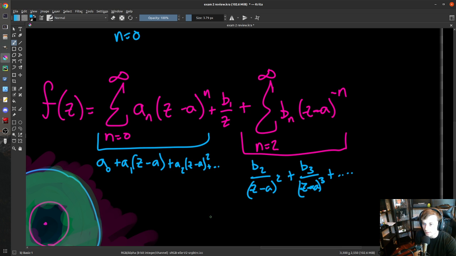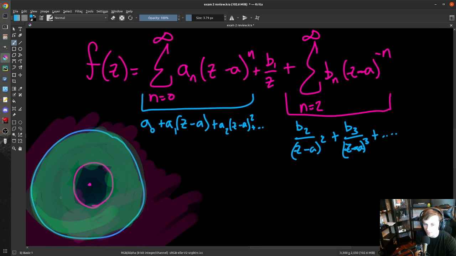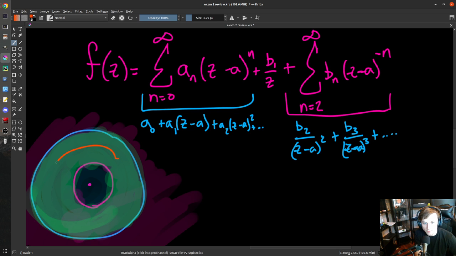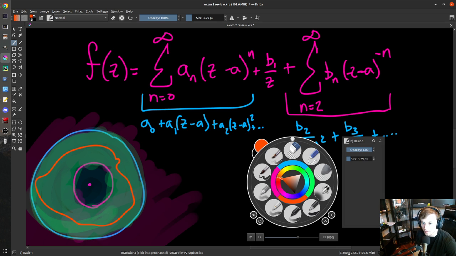When I take an integral around some contour in this annulus, notice it encloses that point.